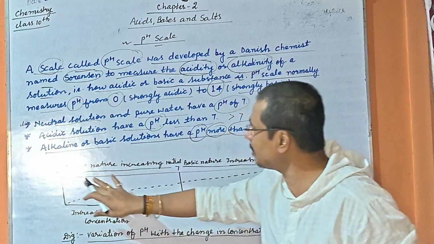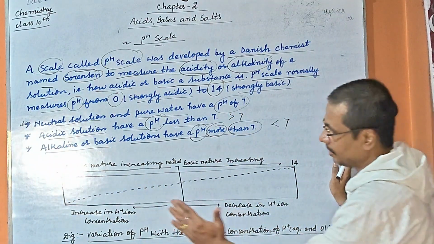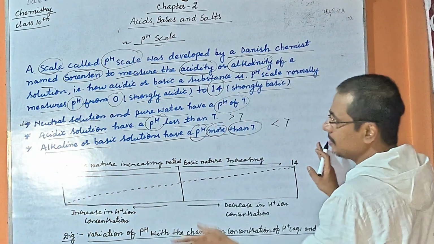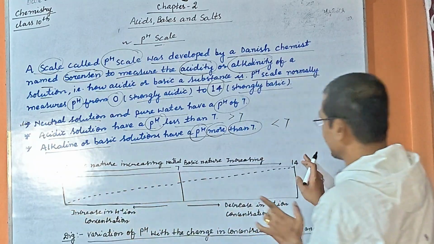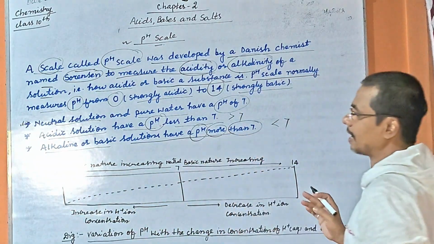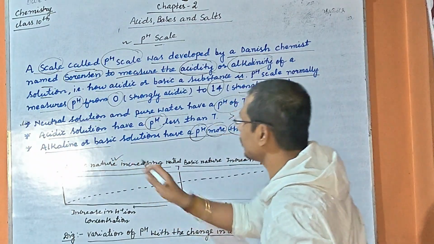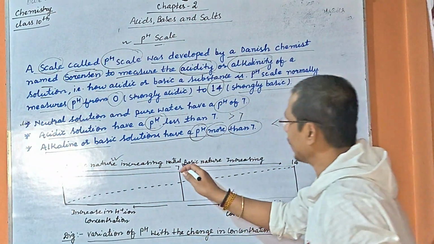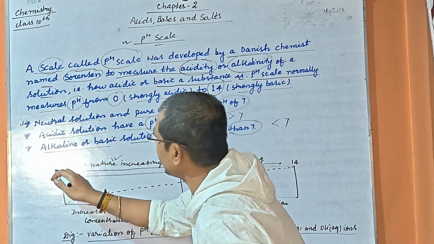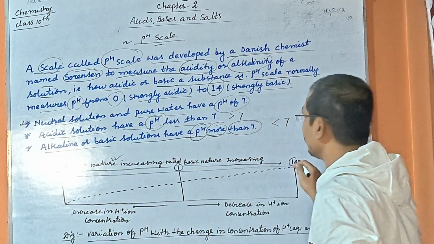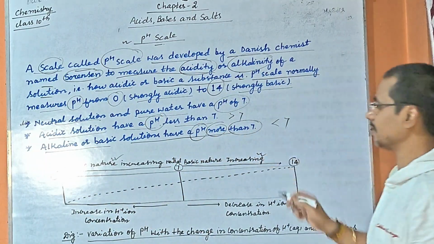Right now you are seeing a graph here, a type of scale. The 0 is at the start and 14 is at the end. In the middle, 7 is there. This shows the acidic nature increasing, that is the neutral, and toward 14 the basic nature increasing.